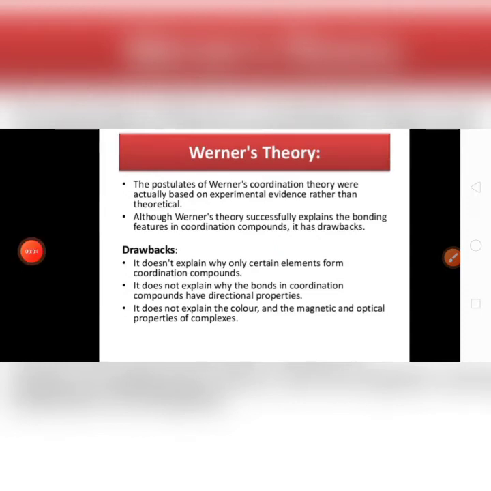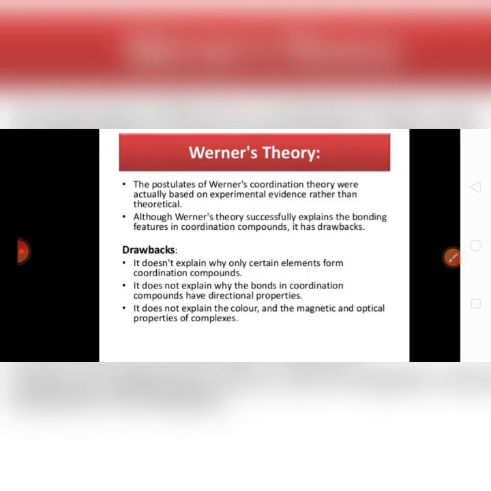According to Werner's theory, coordination compounds consist of two types of valencies. One is primary, which is ionizable in nature, and another is secondary, which is non-ionizable in nature. These two postulates were given by Werner. It was the first theory to understand the coordination compound. It has some drawbacks.